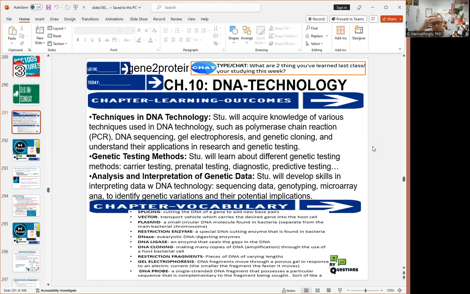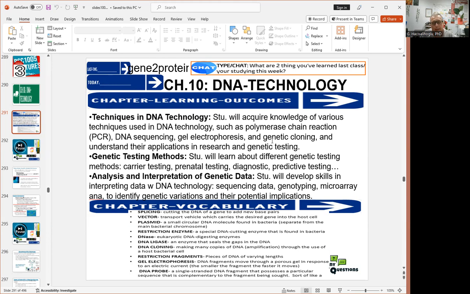In chapter 10, we have student learning outcomes, like techniques in DNA technology. A student will learn about various DNA technology techniques, specifically 5 major techniques we will talk about, including some genetic testing methods, and also briefly about analysis and interpretation of genetic data in this chapter.